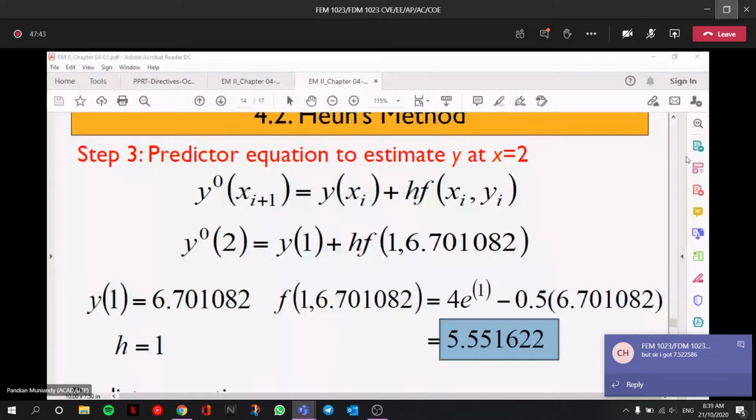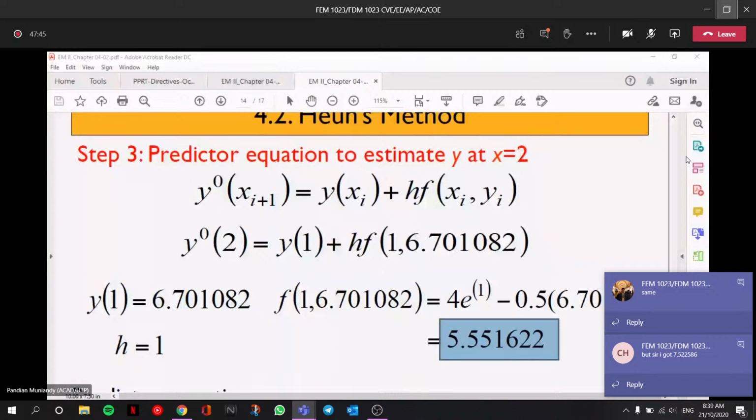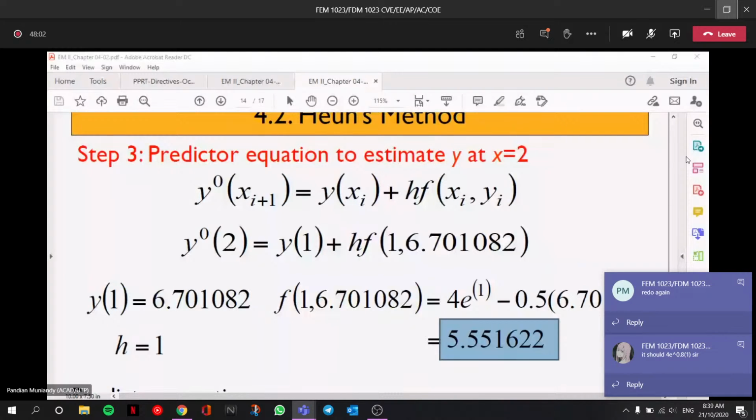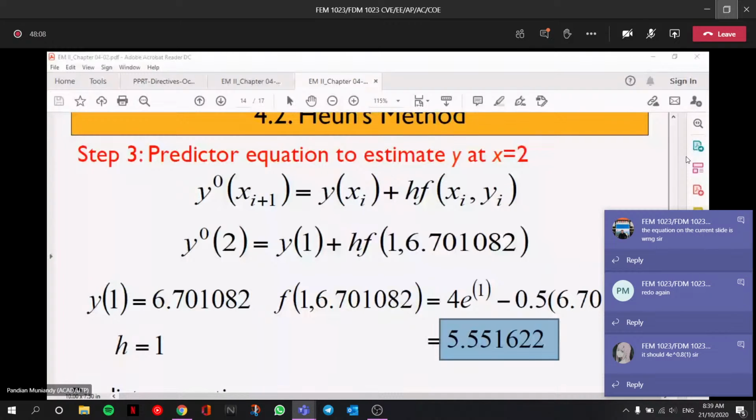But sir, I got 7 point. Yeah, it should be e power 0.8.